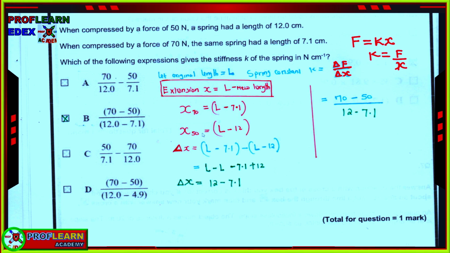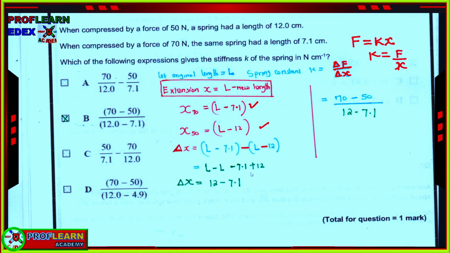And for the extension for 50 newtons, it will be L minus 12. Then the change in extension is this one minus this one. Remember, this is L minus L, so L is going to cancel out. Negative 7.1 minus negative 12 becomes negative 7.1 plus 12, because the two negative signs become a positive.